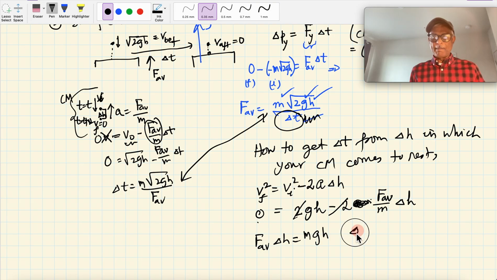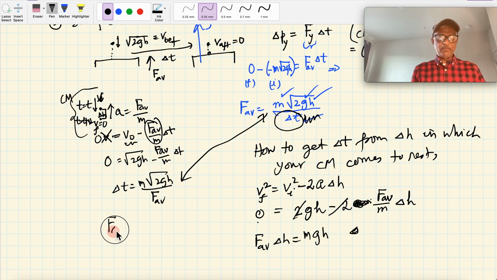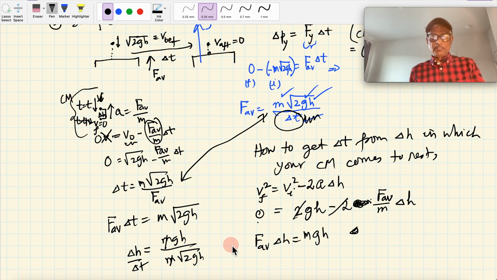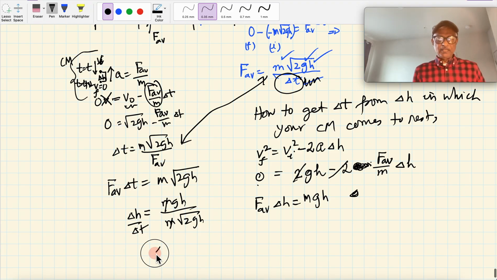So F average delta t is this one, and if I divide, delta h over delta t will be mgh over m square root of 2gh. The m cancels out, so we got delta t out.